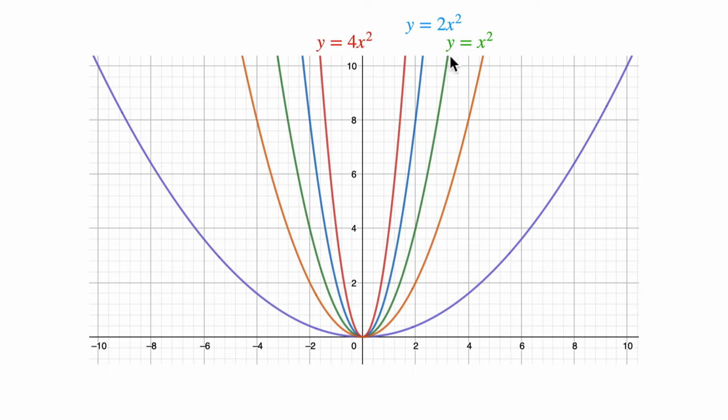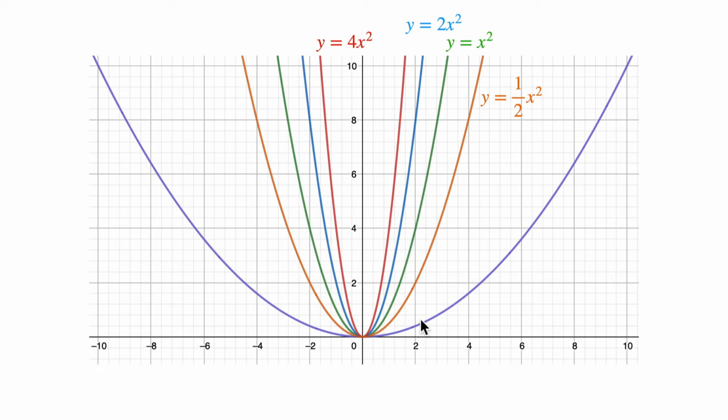And this red one is even more narrow, and this is represented by the equation y is equal to 4x squared. So this happens when the coefficient c is larger than 1. You get more narrow parabolas. And when the coefficient is smaller than 1 but still positive, you get broader parabolas.